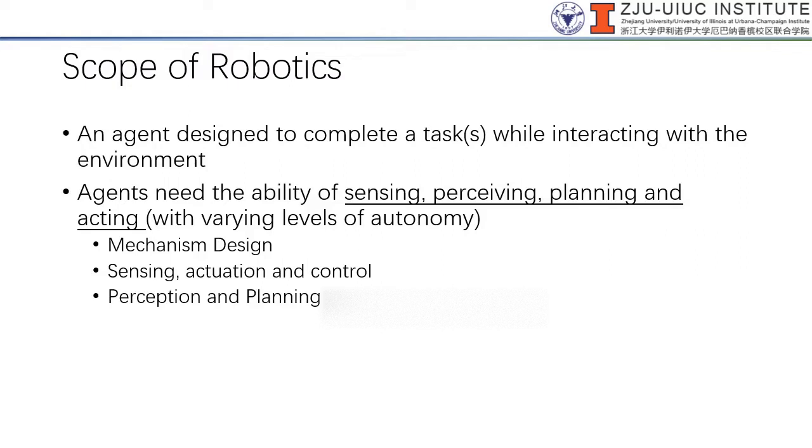To equip our machine with the ability of sensing, perceiving, planning, and acting on the environment, we need to look at a few different aspects. That is what you're going to see in this course.